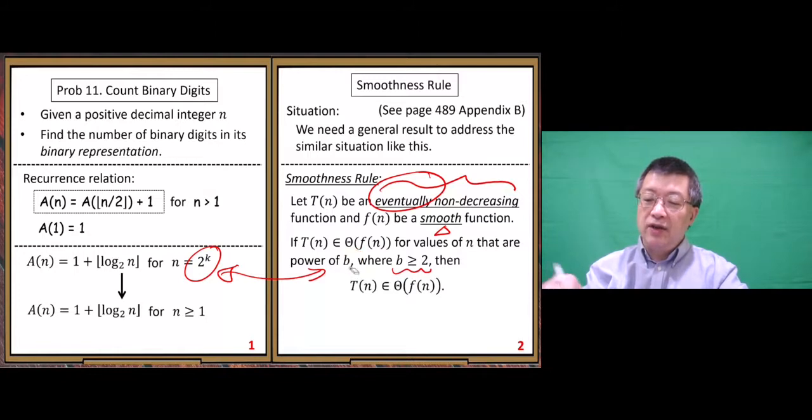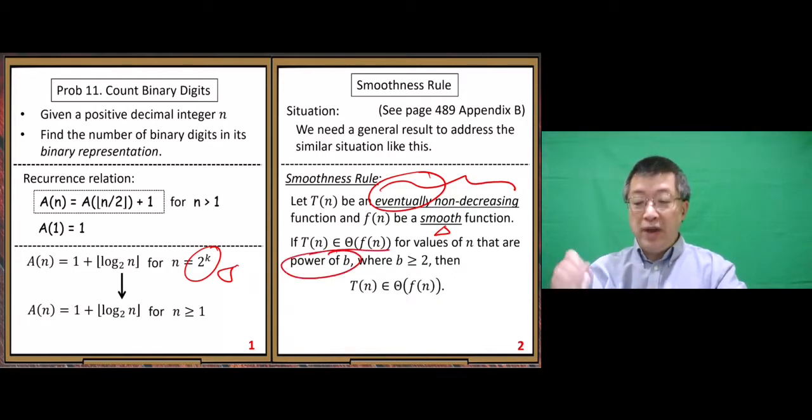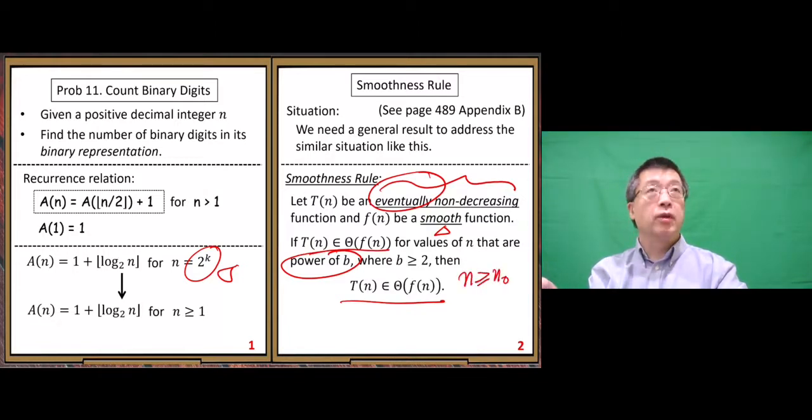because look at the situation. The T of n belongs to this only true for power of b. But now you can generalize to this is true for n greater or equal to n0, right? Why?